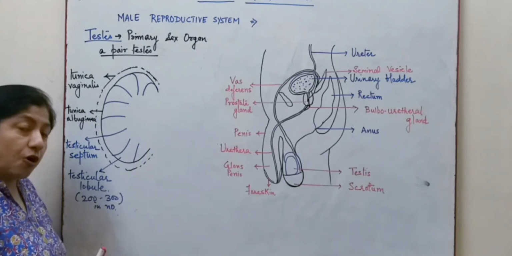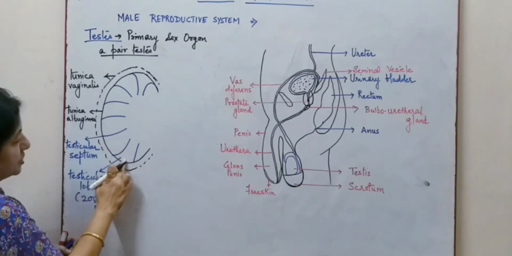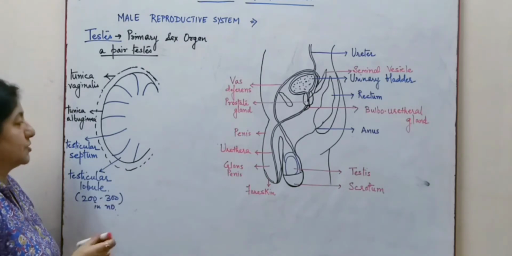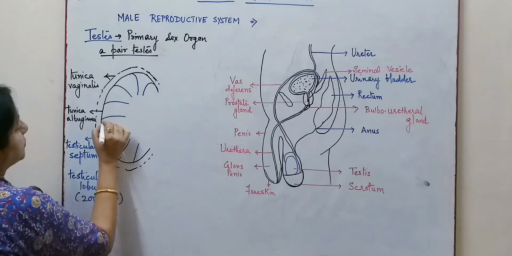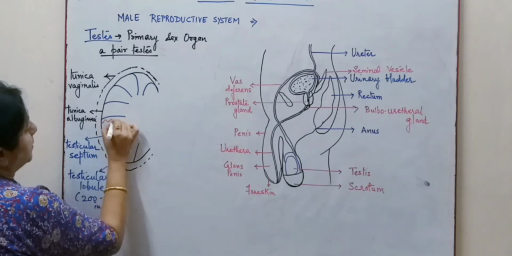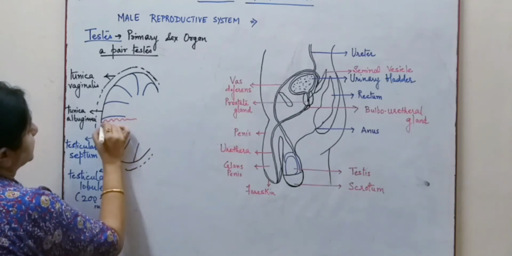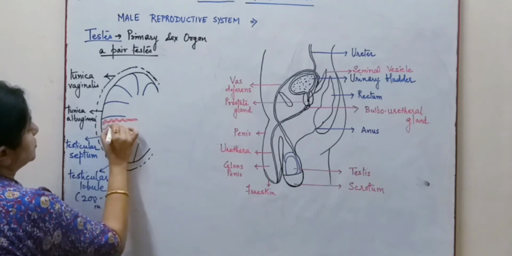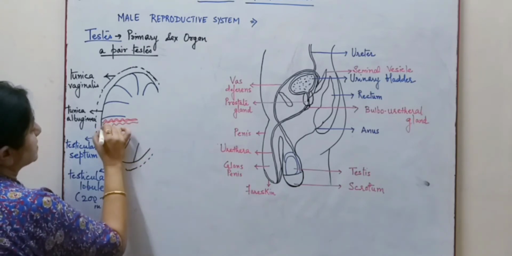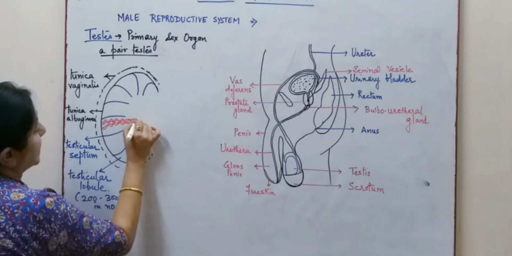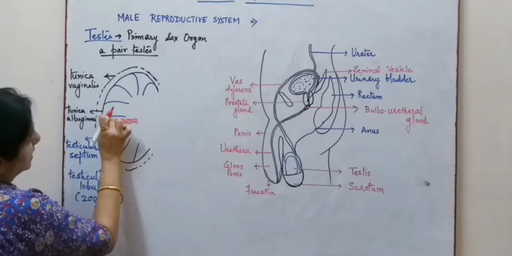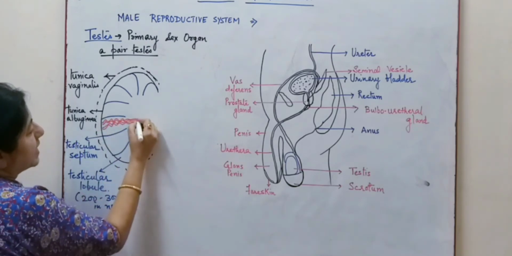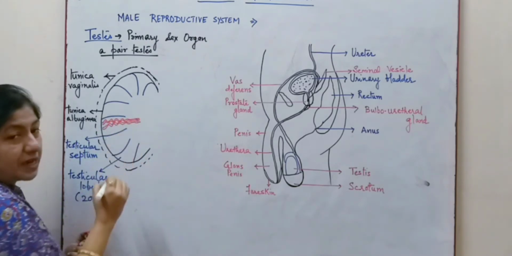Now each compartment, that is the testicular lobule, has several tubular structures. These are tubular structures which are present in foldings inside, highly coiled towards the lobule side, and as they move out they become straight.